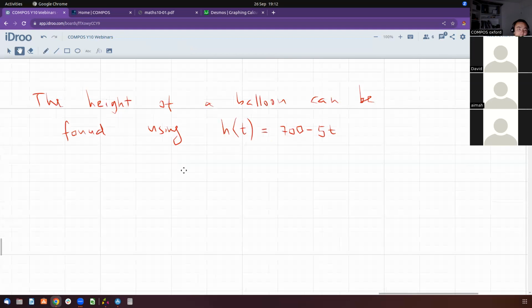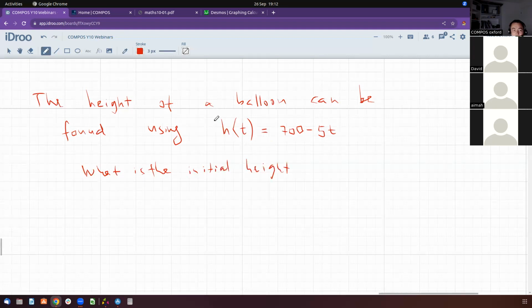And if I say, what is the initial height of the balloon? What is the initial height? Well, you need to understand what this is.